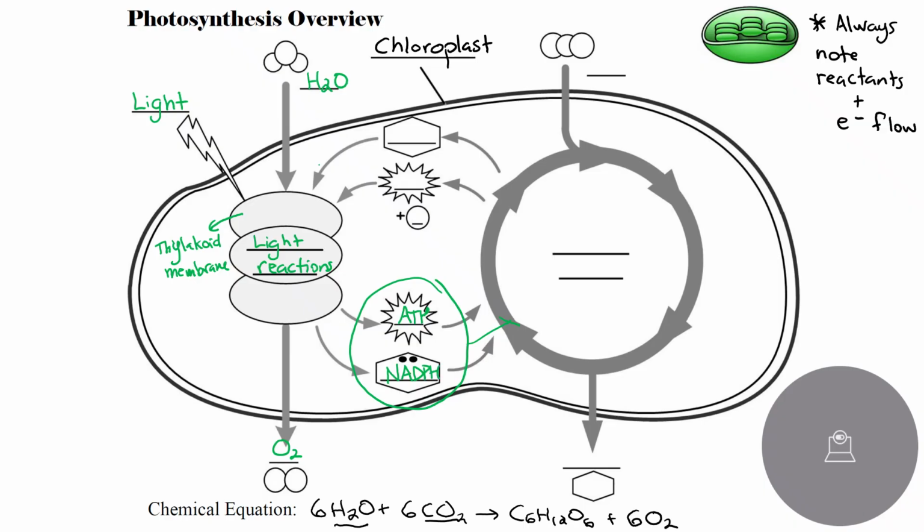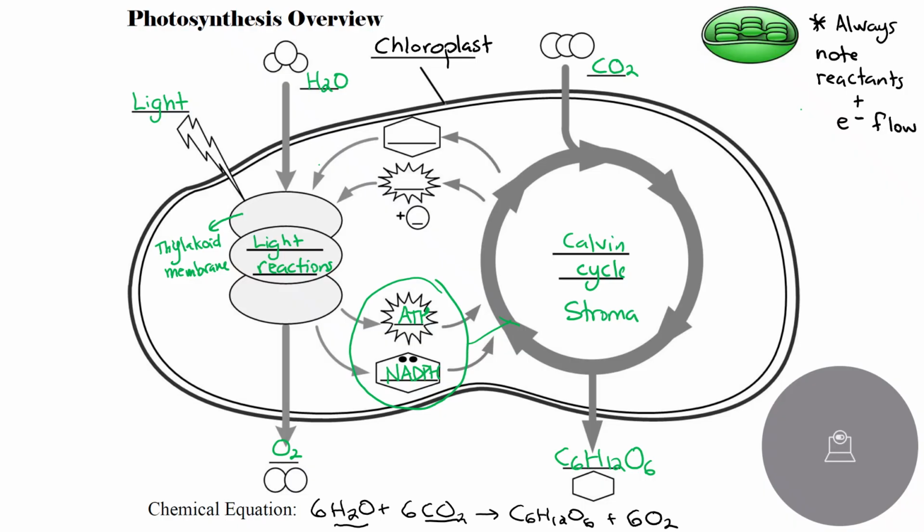And then the second step or phase of photosynthesis would be the Calvin cycle. It takes CO2 and fixes it in the stroma. When it gets fixed, y'all, it's placed on glucose. So this requires a lot of energy. And I like to think of Calvin as the bad dude.